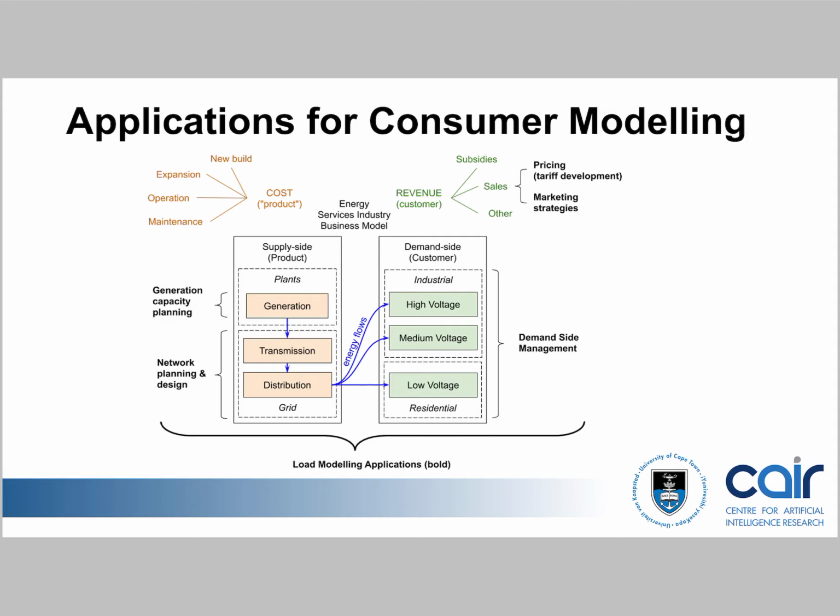And then on the supply side and demand management, it's about understanding how we nudge consumers to consume energy in a way that helps the energy services industry to better operate its facilities. The field of demand side management requires insight into what the demand is and how energy users use energy. Then on the supply side, it would be looking at generation capacity planning and network planning and design.